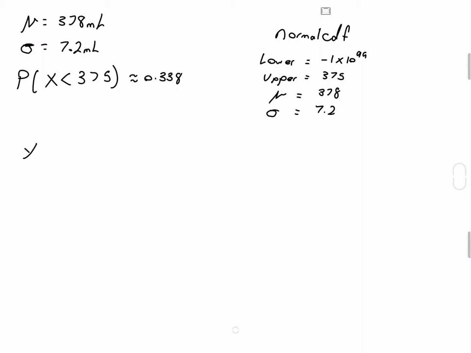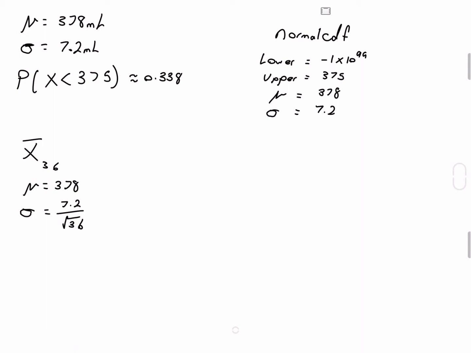So X, our sample mean of 36 cans, our mean of this is still going to be equal to 378, but our standard deviation this time is going to be equal to 7.2 divided by the square root of 36.